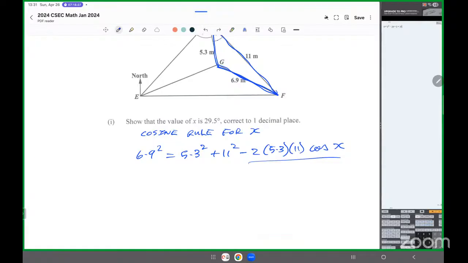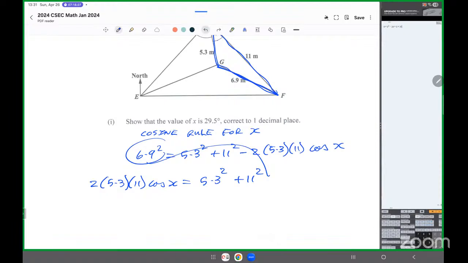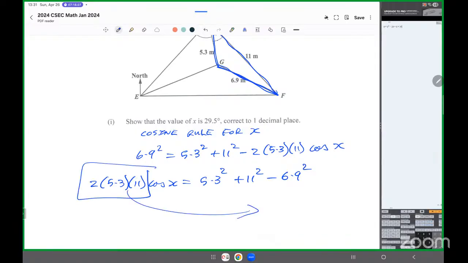So it becomes 2 times 5.3 times 11 times cos x equals 5.3 squared plus 11 squared, and then this goes over and becomes a minus 6.9 squared.